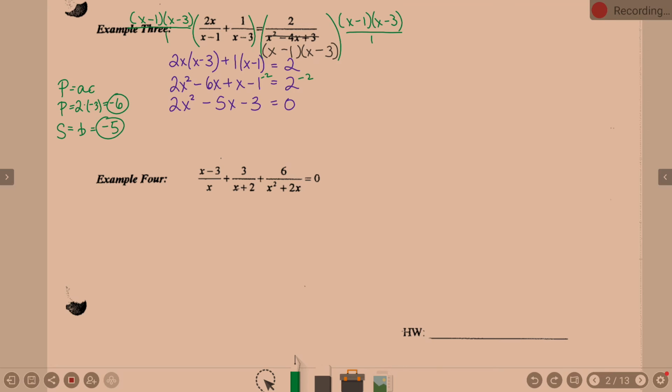Negative 1, 6. Except I'm going to make it 1 and negative 6, because since it multiplies to be a negative, I'm going to have to use the 1 and 6 option because I need to subtract to be the negative 5. So 1 and negative 6. What do I do with that 1 and negative 6 or negative 6 and 1?